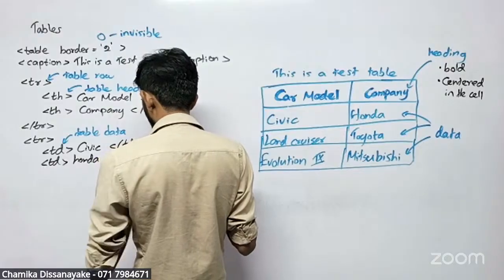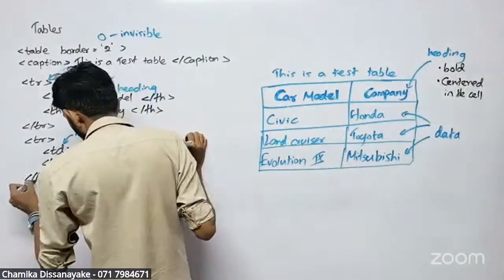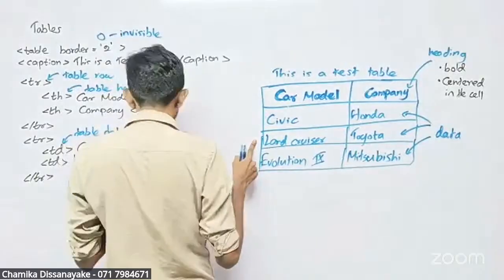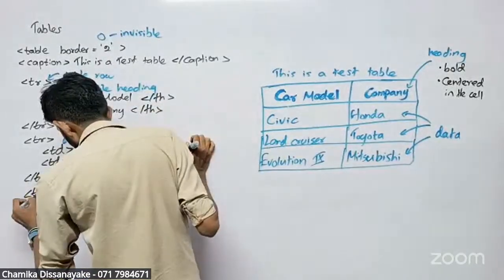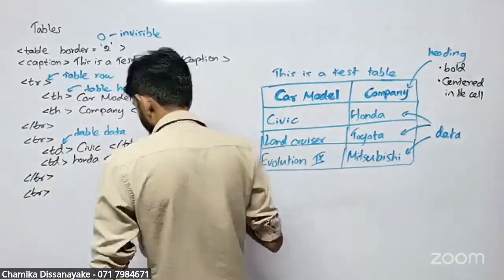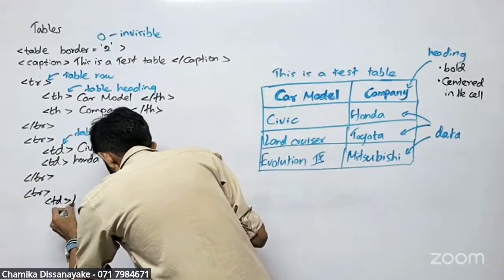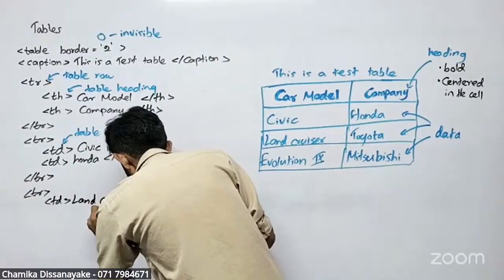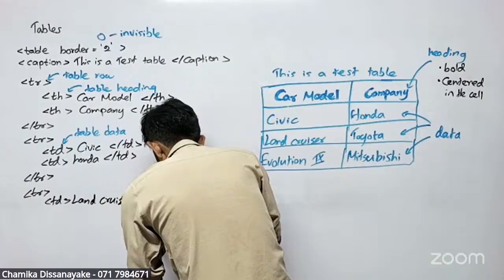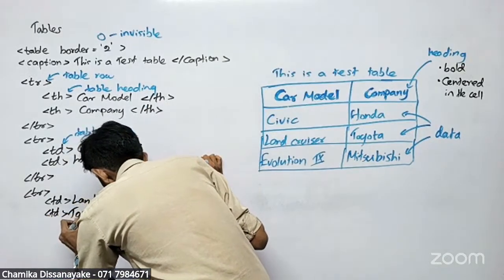That one is also closed. And then we have a closed row. Okay. So then we have to create another row here. So this is another detail, TD, detail, what? Land Cruiser. Close. Another one. Toyota.